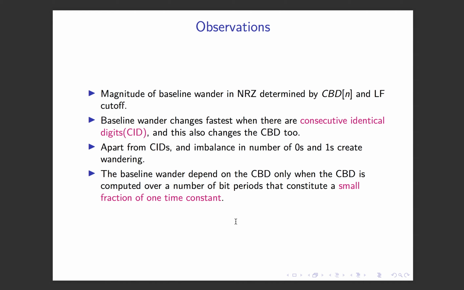It will if we calculate over a very small fraction of one time constant, say tau by T times a factor of 0.01 or so. Then the entire baseline wandering depends upon the CBD only.